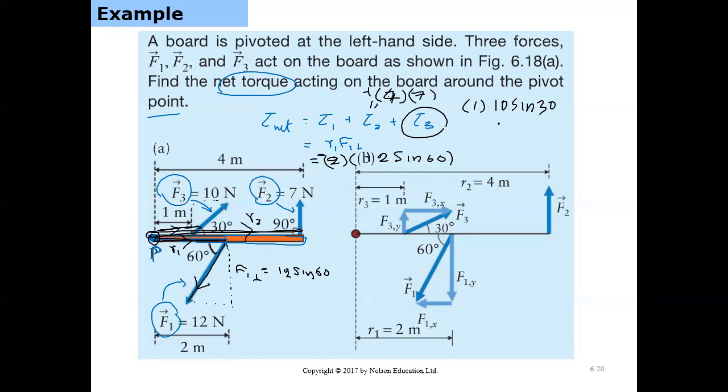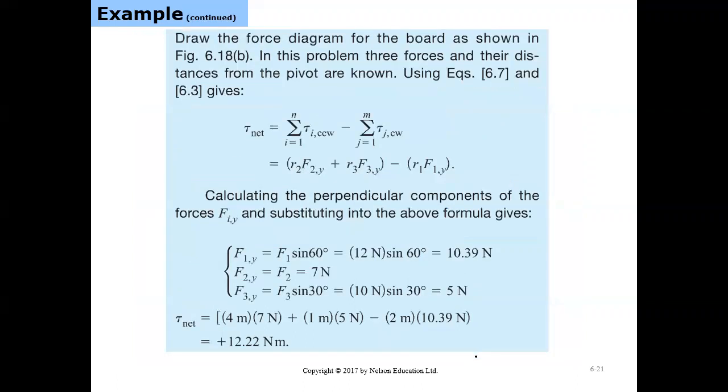R3 is equal to 1 meter and 10 sine 30. Is it positive or negative? It's also positive. Okay. So fine. Now let's go to the next slide. So what he's doing is, he is collecting all the counterclockwise torque from F2 and F3. The torque is counterclockwise, and from F1 the torque is clockwise. Then you just calculate and get the answer.